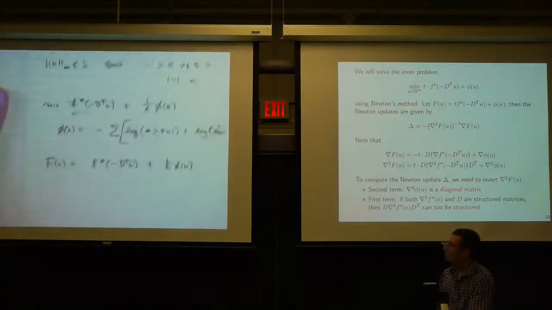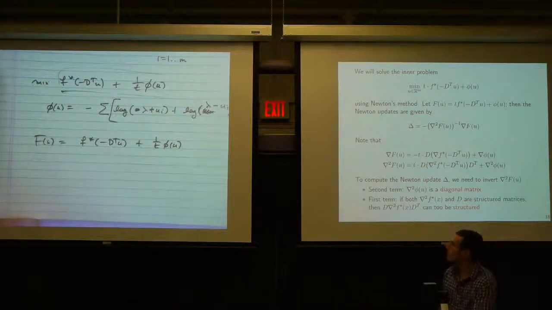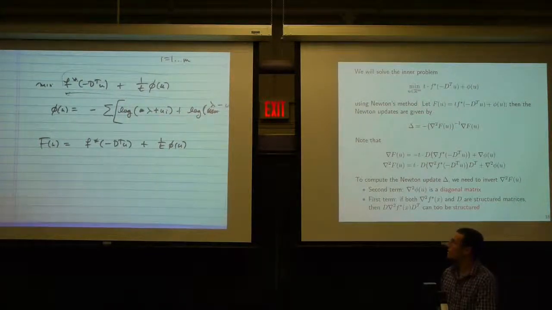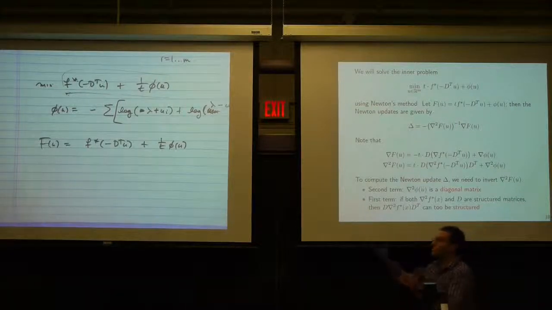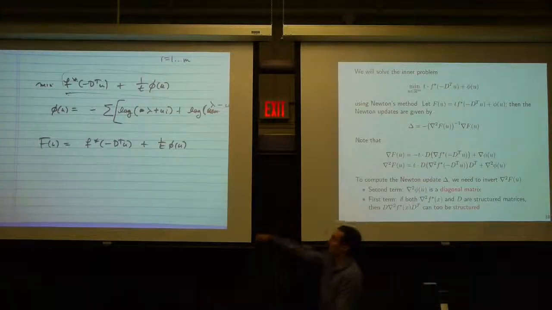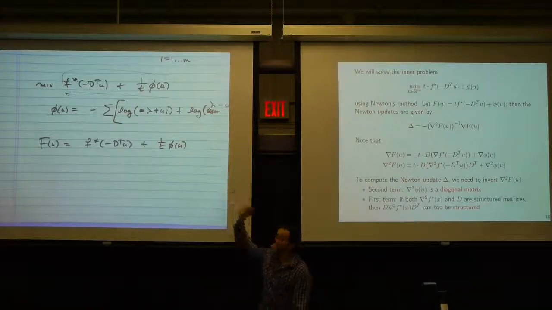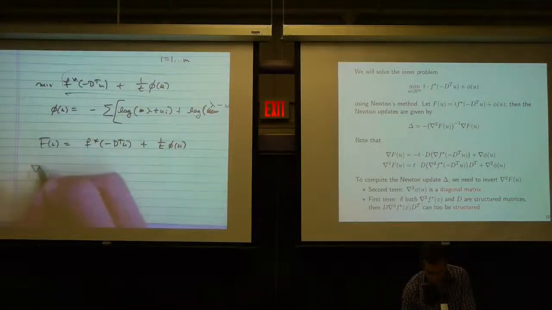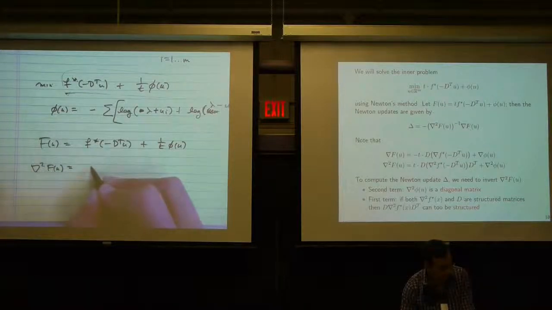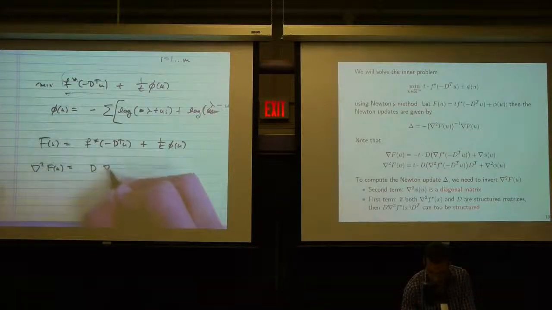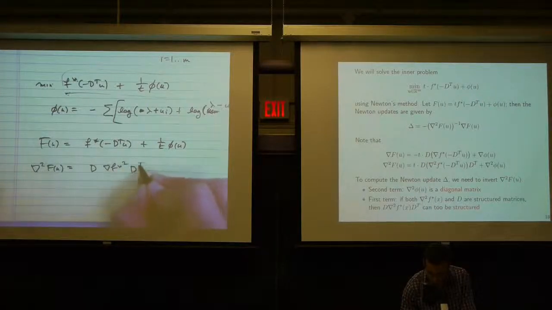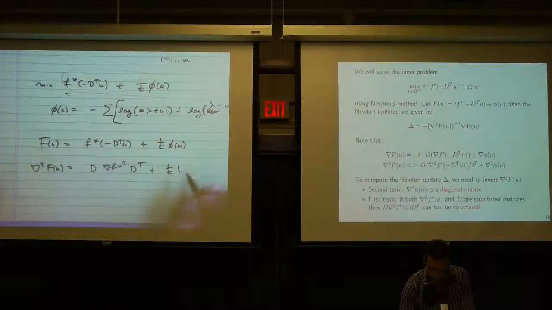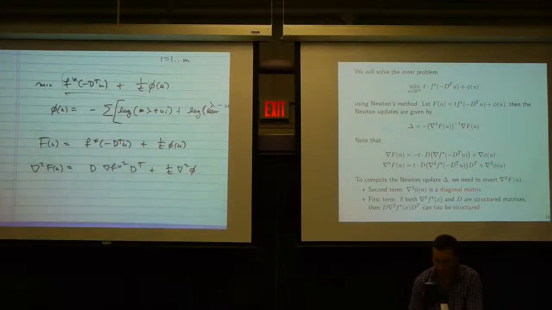I did some calculations on the slide. We're not going to go through them because I don't have enough time, but they just involve the chain rule. There's a d in there, that's just chain rule. This one you could just differentiate directly. You get that the Hessian looks like d times the Hessian of f star times d transpose plus 1 over t times the Hessian of phi.